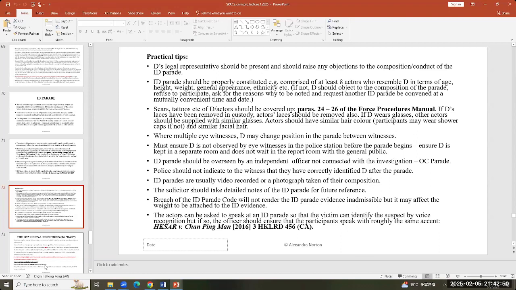We request that you organize another ID parade at a mutually convenient time and date. Get it right next time. Never agree to your client taking part in a prejudicial ID parade. These days, most ID parades are videoed, so the potential for these kinds of abusive situations is much less.